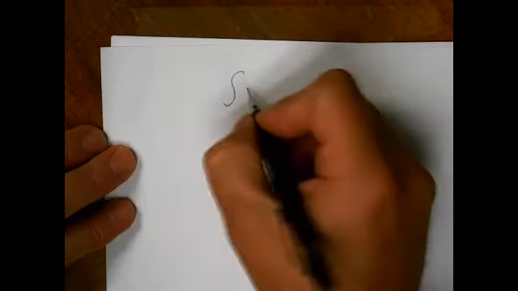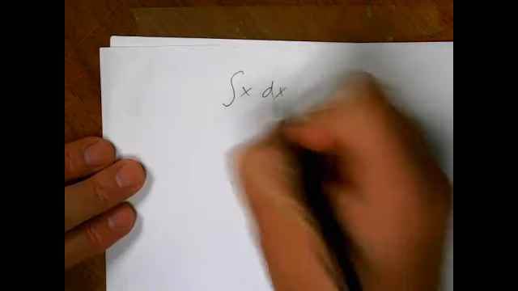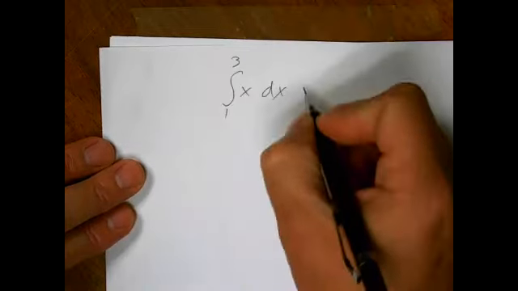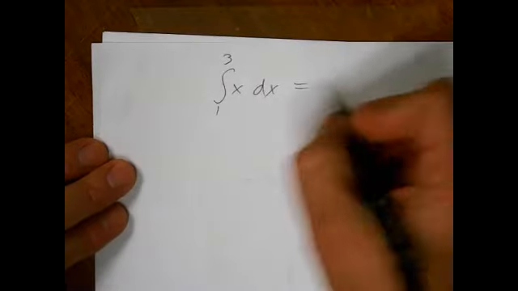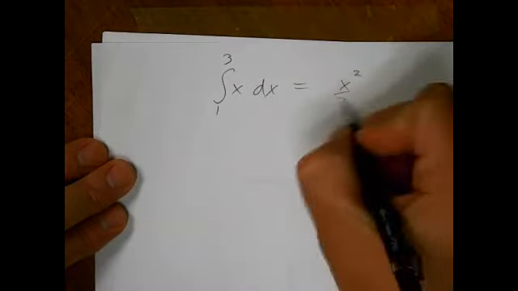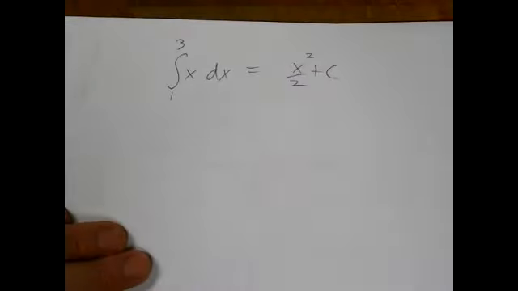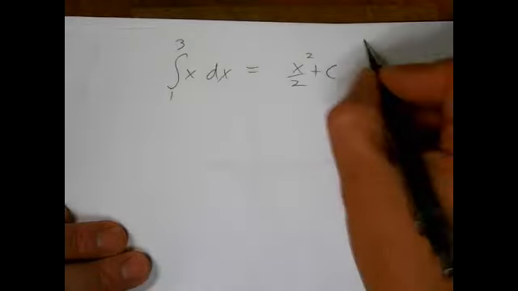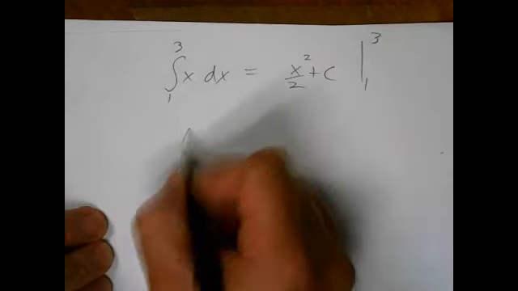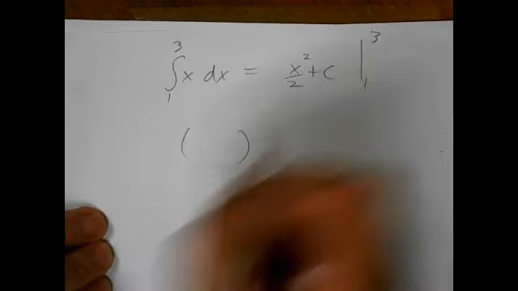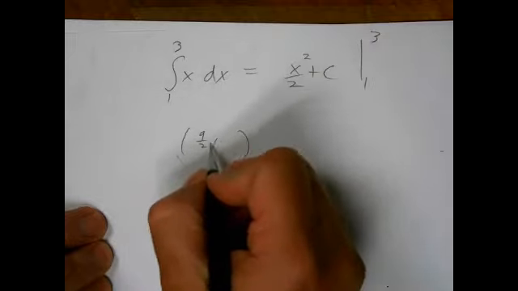If you want to look at just an easy example, if you wanted to integrate something very straightforward, like x dx from maybe 1 to 3, well, if you integrate the x, you've got to bump the power up by 1 and then divide. And then if you felt inclined to put that constant on there, even though we've said you don't have to, when I evaluated this from 1 to 3, what would happen is when I put in the 3, I would get 9/2 plus c.